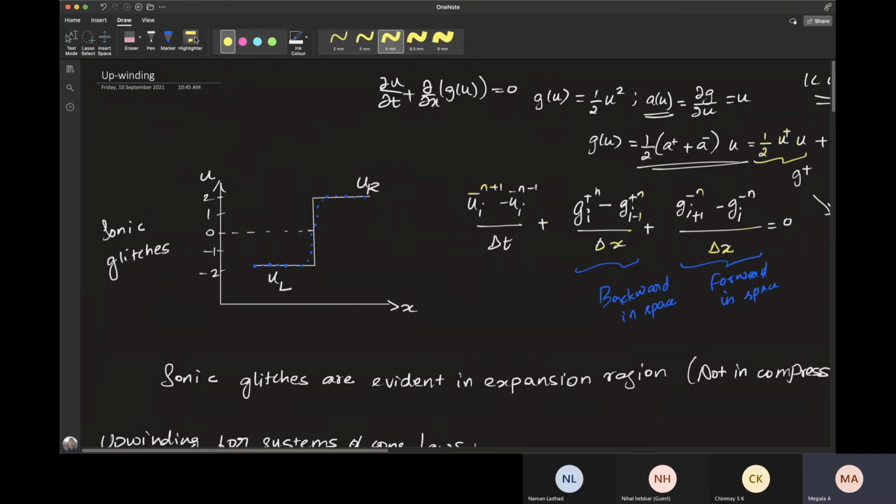Now you have this kind of initial condition. How will this initial condition evolve?